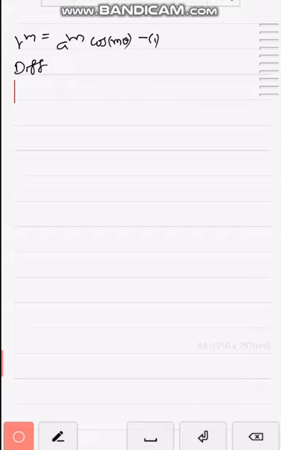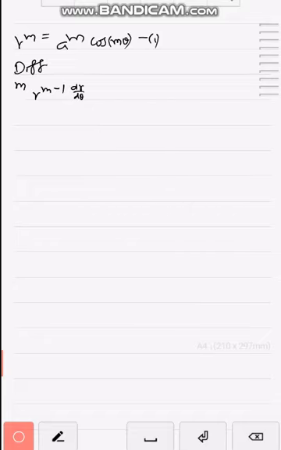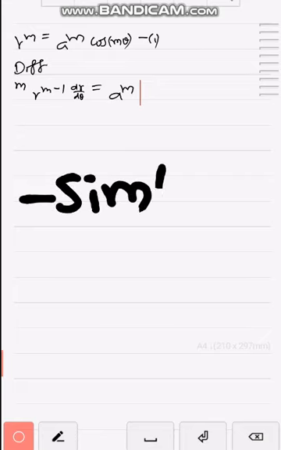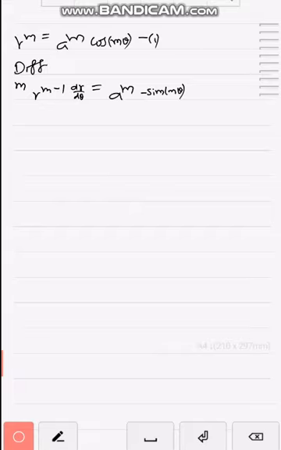After differentiating both sides with respect to theta, we have m into r to the power m minus 1 into dr by d theta. Of course, we replace dr by d theta by r dash. So this is equal to a power m is constant. Derivative of cos m theta is minus sin m theta into m.